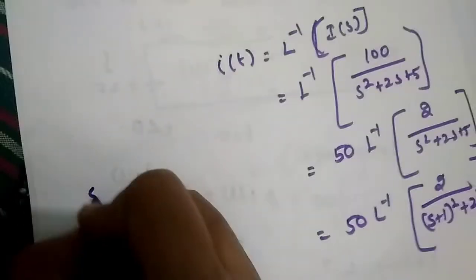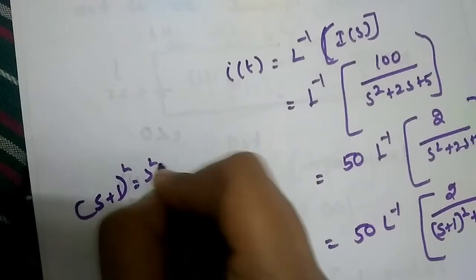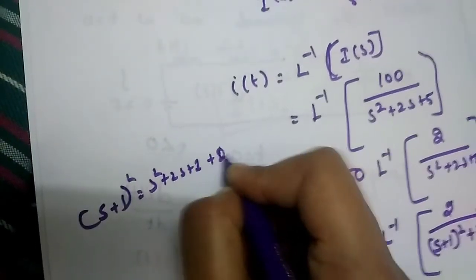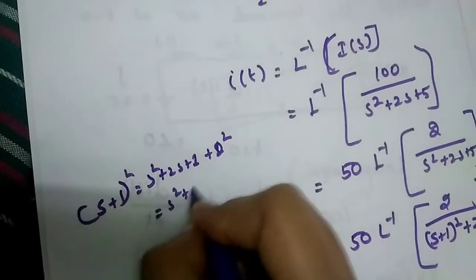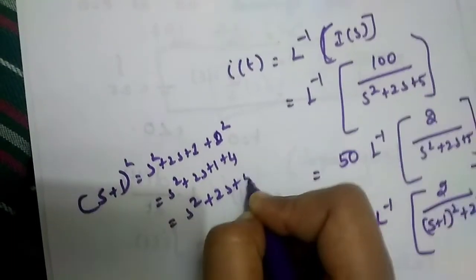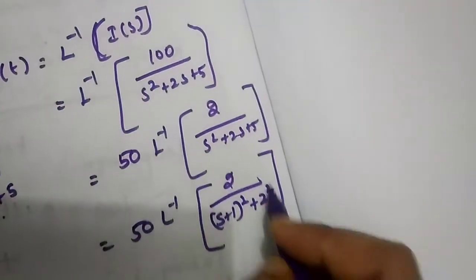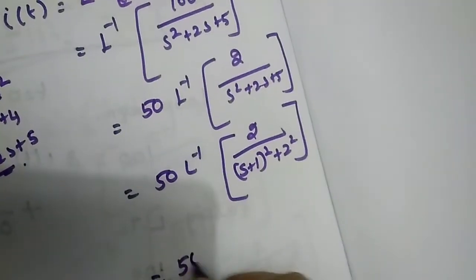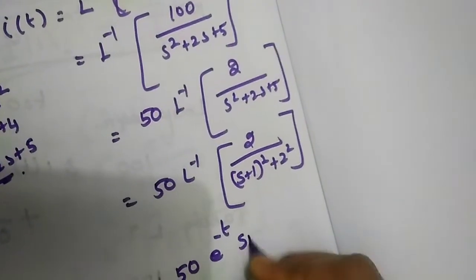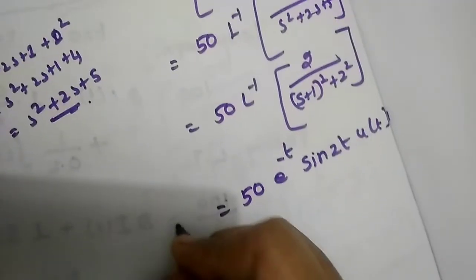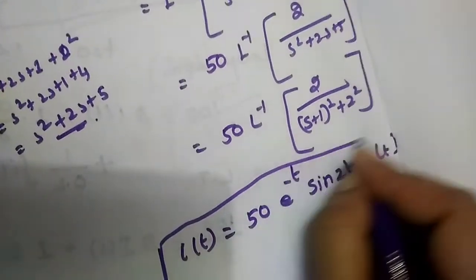That means (s plus 1) the whole square is equal to s square plus 2s plus 1, and plus 2 square, that is equal to 4. So s square plus 2s plus 1 plus 4 becomes s square plus 2s plus 5. So I rewrite this as (s plus 1) the whole square plus 2 square, and we know the inverse Laplace transform of this, that is 50 e power minus t sine 2t u(t). So this is the current of the circuit.